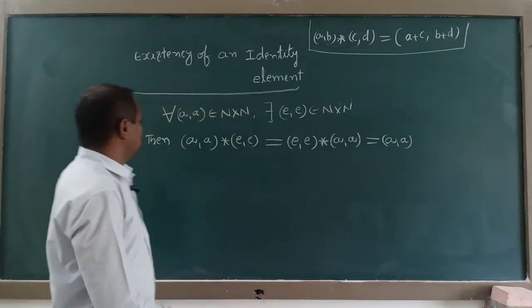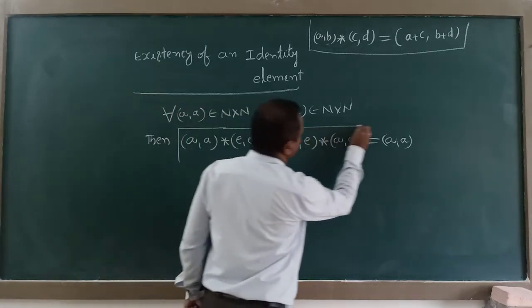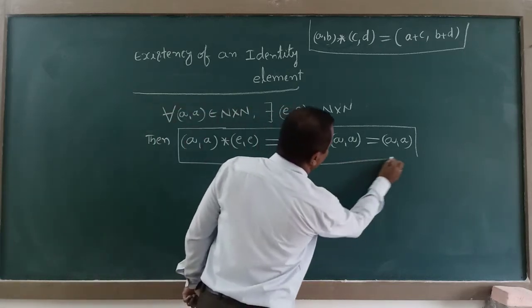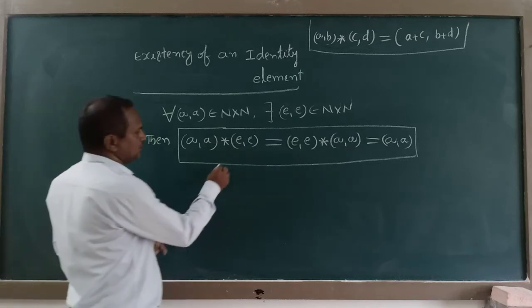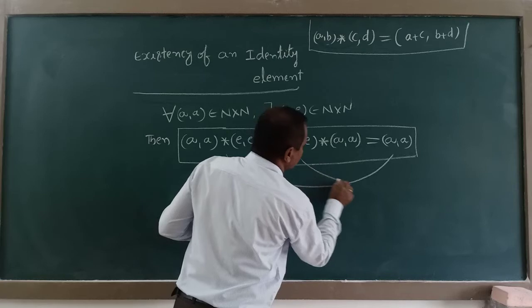If this formula is satisfied by the set of all natural numbers, then which values will come for E comma E, we have to check. Take these two values first, and afterwards you can take the other two.